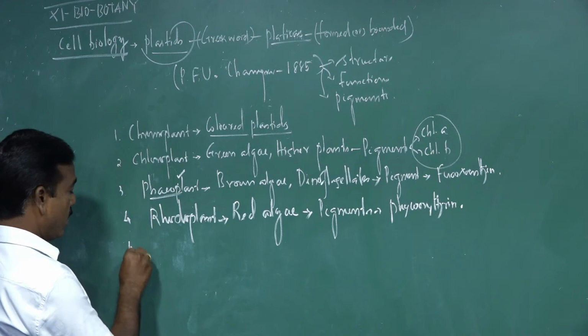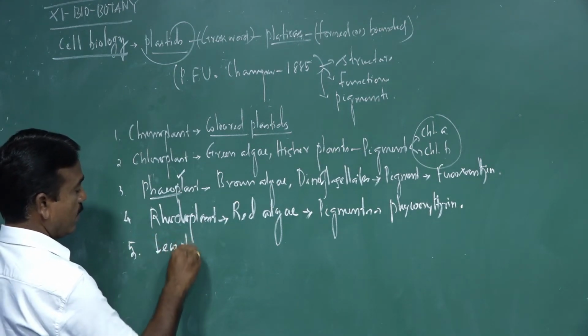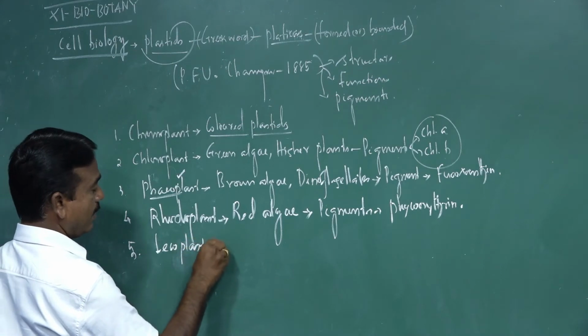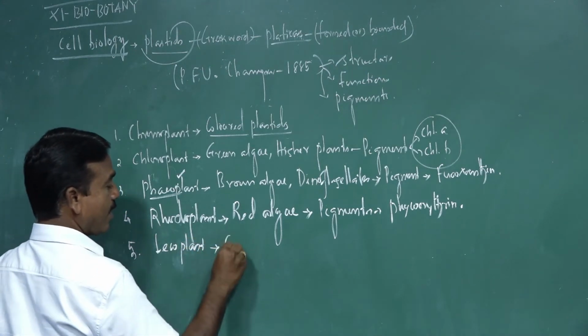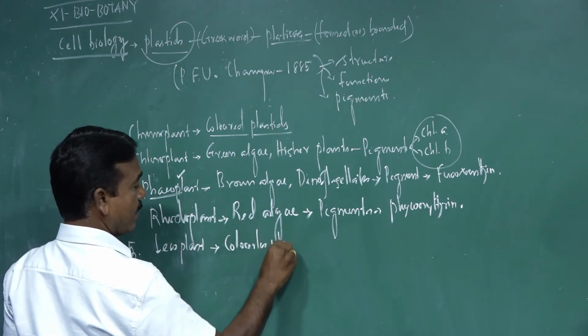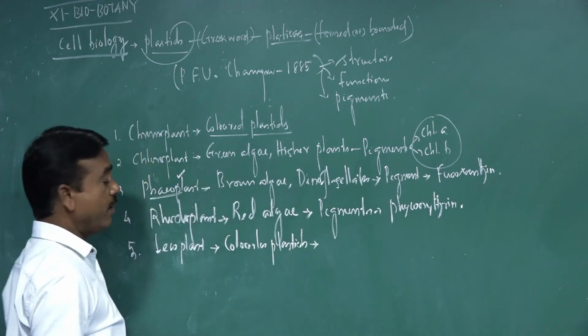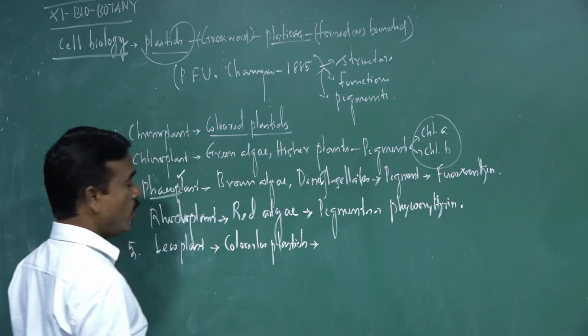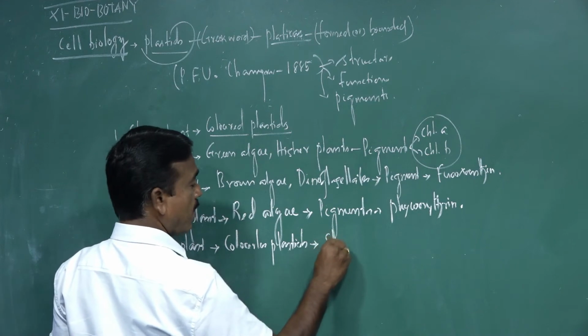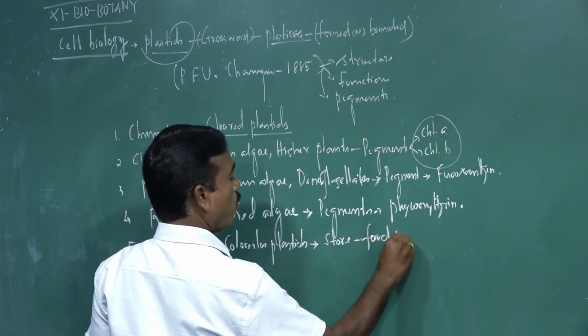Then the fifth one, leucoplast. That is commonly called colorless plastids, because we will not find any kind of color. Leucoplast is responsible for storing food materials.